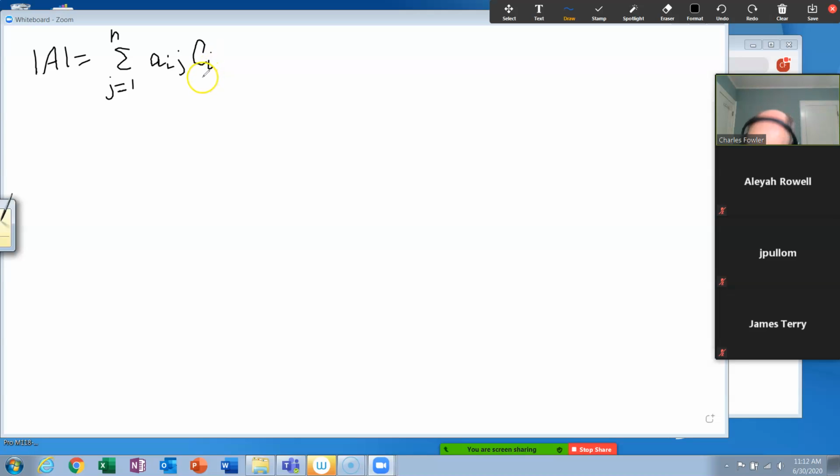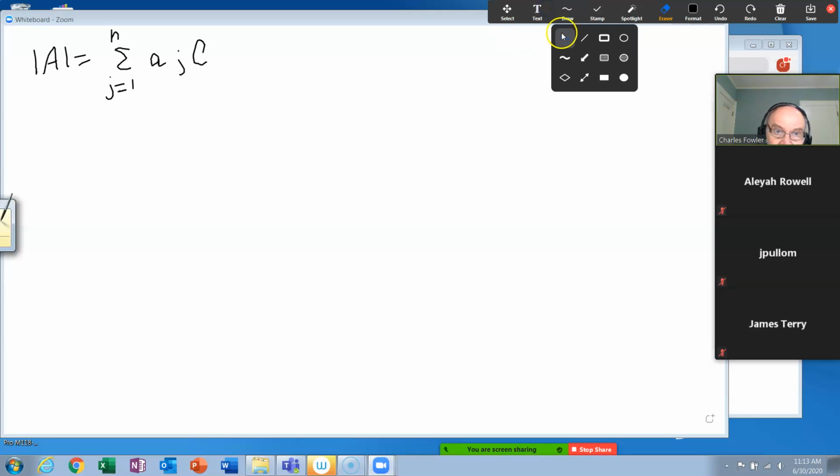I'm sorry, I'm writing that wrong. Go over here to my eraser. These are ones here, not i's. They're hard to see in the book. Okay. Go back to my draw tool. Okay.